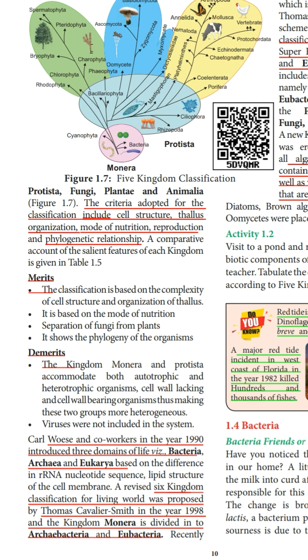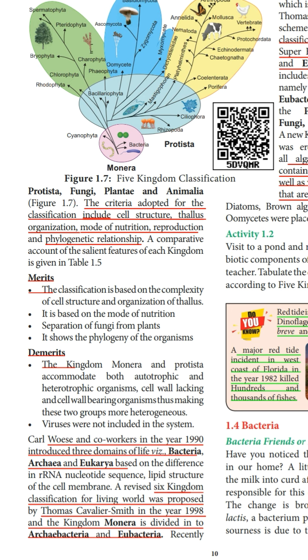Thallus organization, which means cellular organization, or we can say the plant body, whether it is unicellular or multicellular. Next, mode of nutrition, whether they are autotrophs or heterotrophs. Reproduction, whether they reproduce asexually or sexually. Next, phylogenetic relationship: their evolutionary history was also taken into account for giving this 5 kingdom classification.